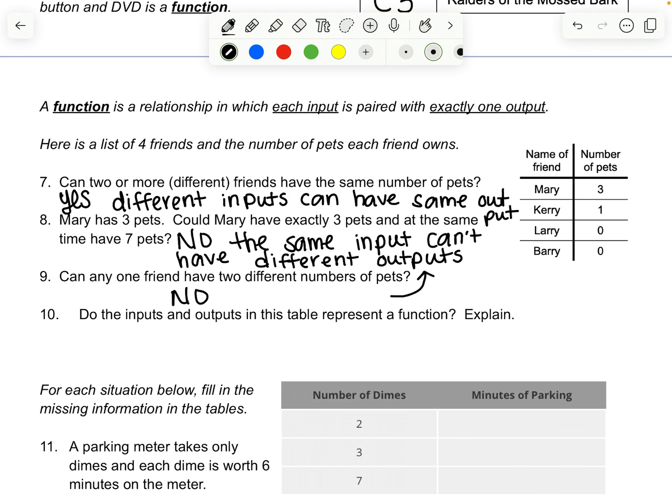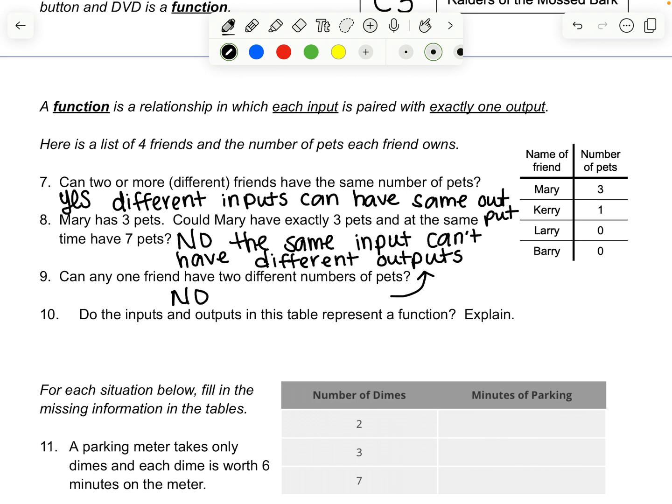Question 10. Do the inputs and outputs in this table represent a function? Explain. So I'm going to give you about 15 seconds to form an opinion. Please write your answer and see if you have the correct answer. Alrighty, let's go ahead and see if you have the correct answer.